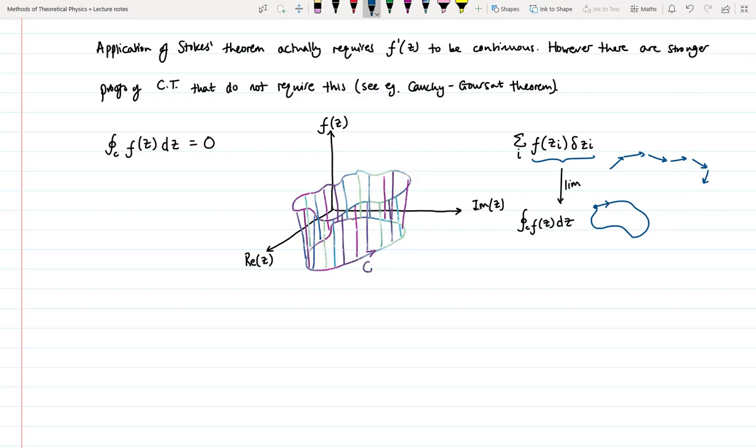And so the integral evaluates to 0. This is one way of trying to picture what's going on in Cauchy's theorem. It's an extraordinary property of complex analytic functions that means that this excursion ends where it began, and the integral evaluates to 0.